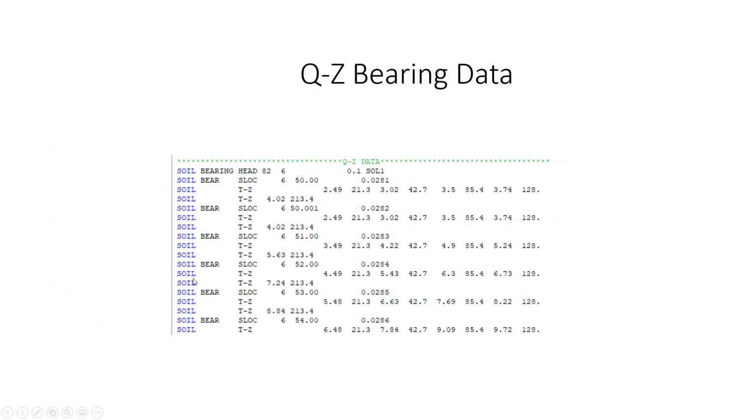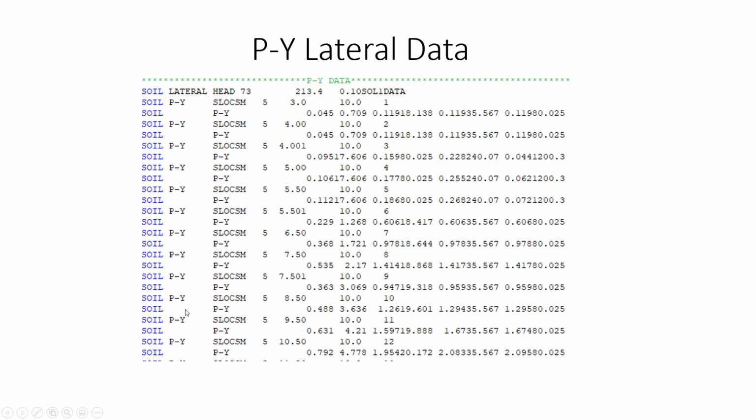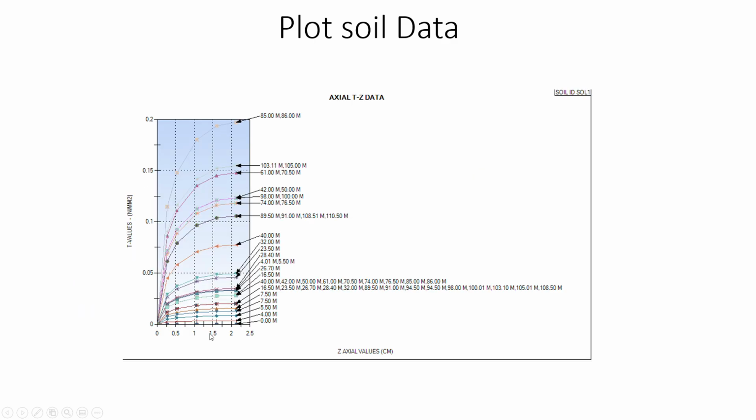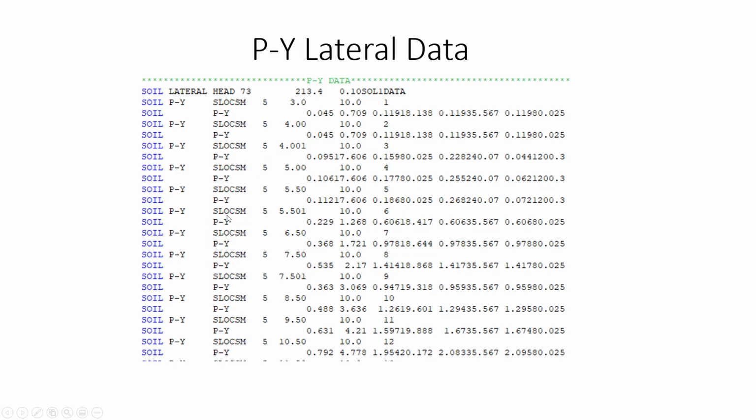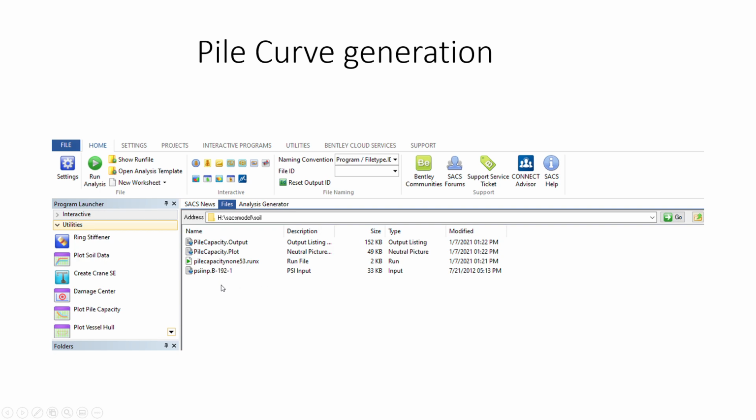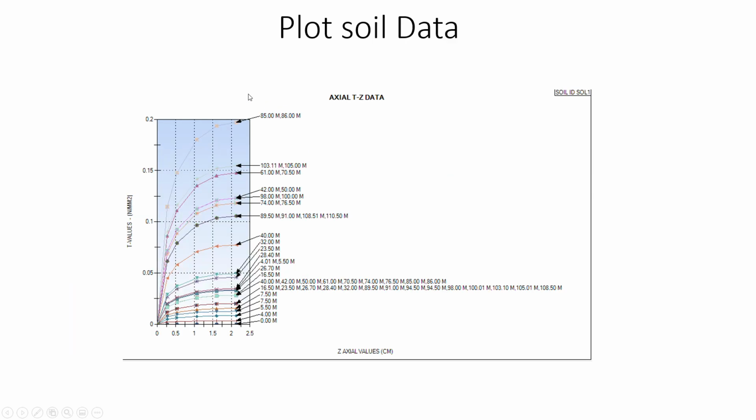Whatever points we typed here are represented as graphical points. Once we run the program in the plot soil data, after finishing typing this data, if you drag that file into the soil plot data, it will generate the pile capacity output plot, all those things. This is the output of the plot.